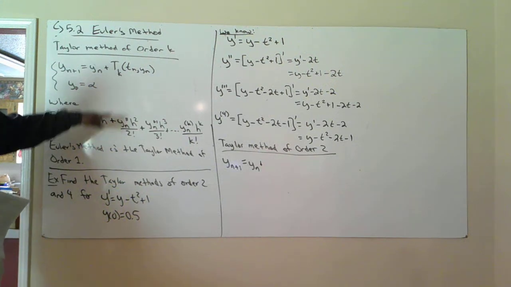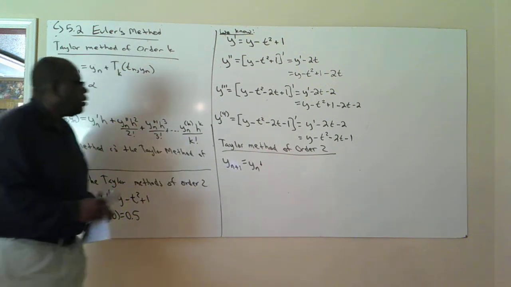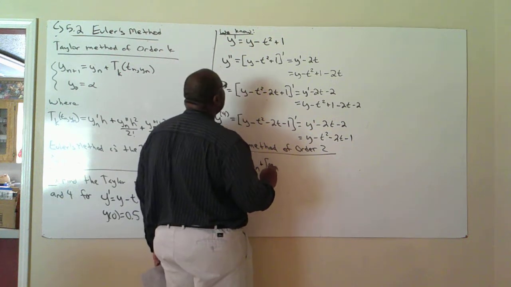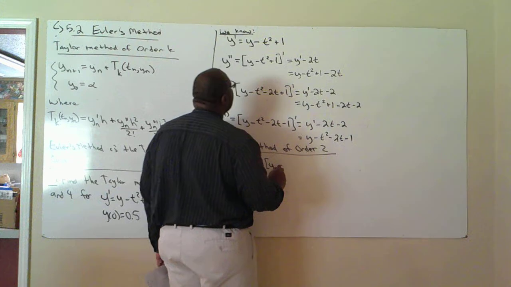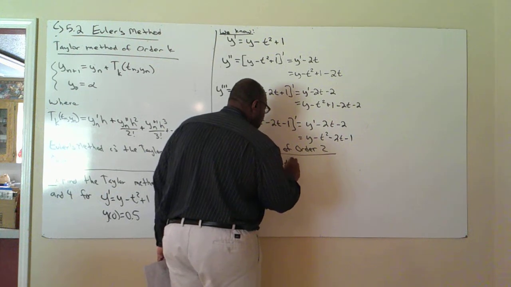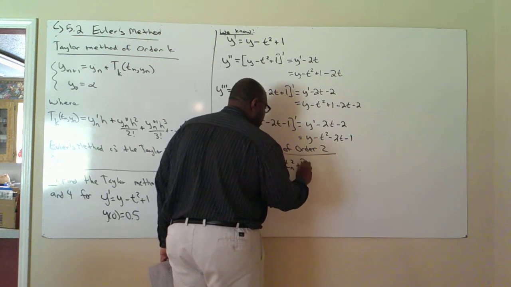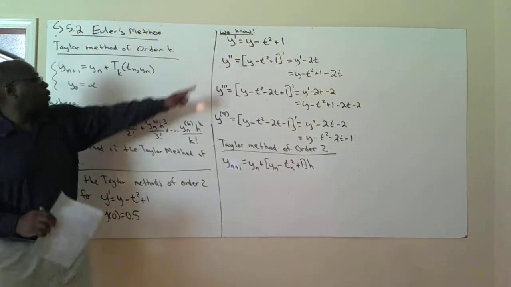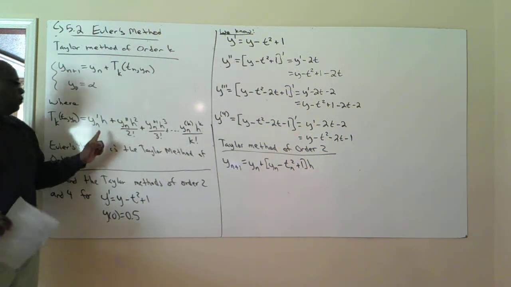Y sub n prime, we know that to be y sub n minus t sub n squared plus 1, that times h. Okay, that's going to be my y sub n prime, which is what we want.